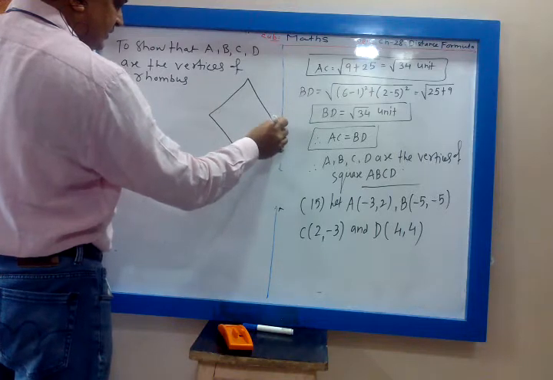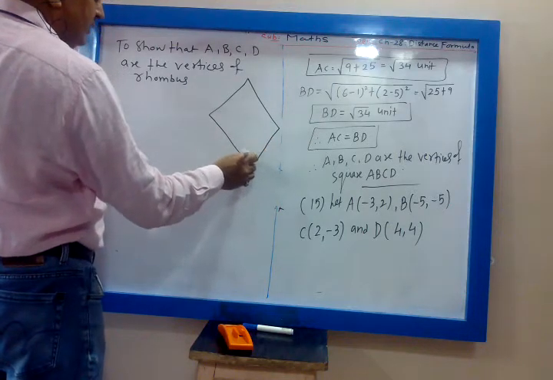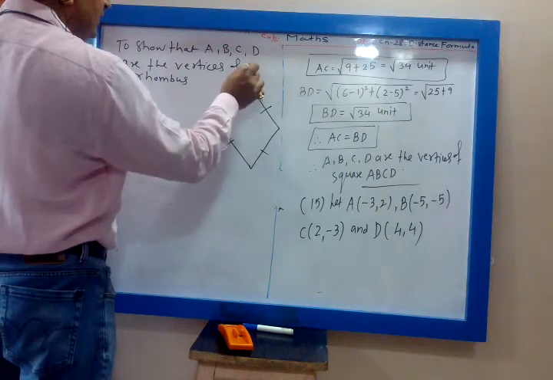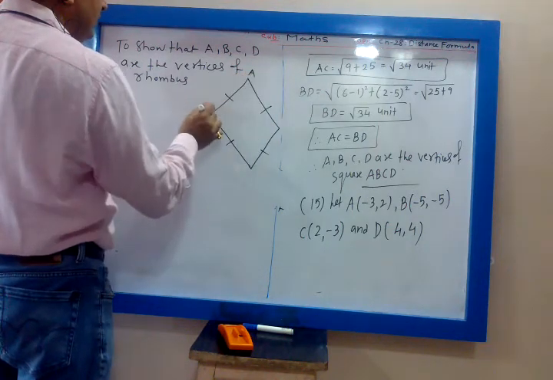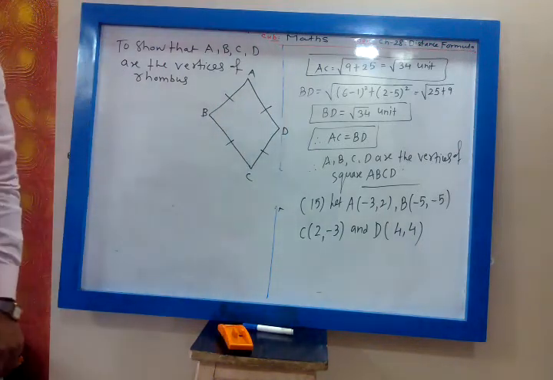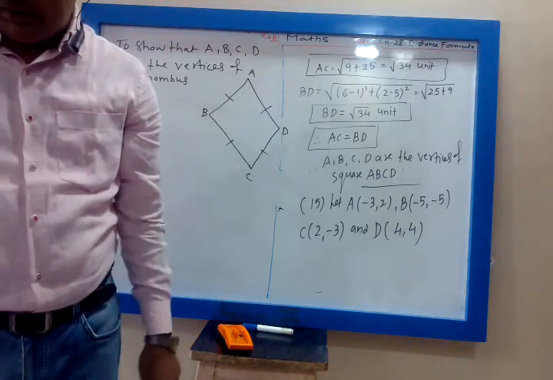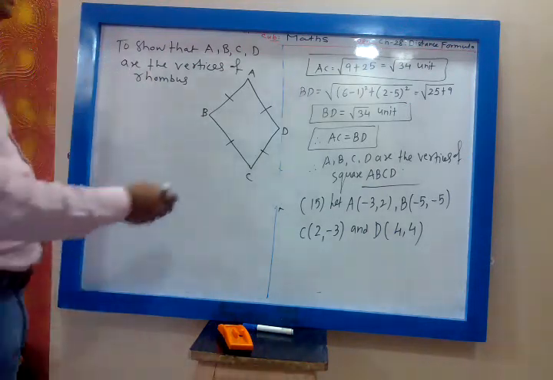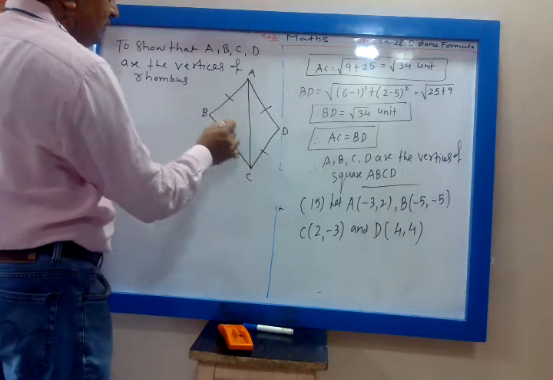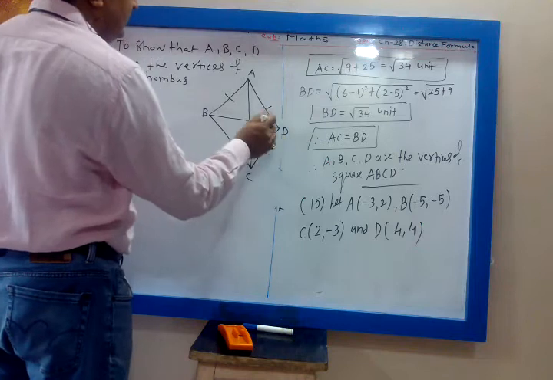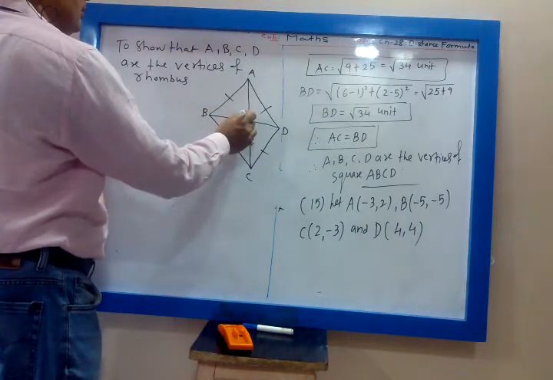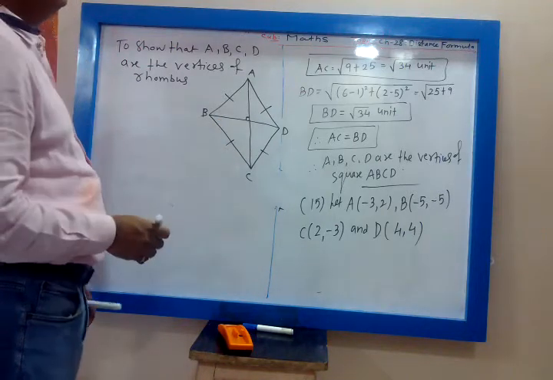Try to understand this part. AC and BD. Now rhombus, all the four sides are equal. A, B, C, D. So all the sides are equal. But whether diagonals will be same in rhombus? Tell me. Whether AC and BD will be same? No. AC and BD will not be same. So all the four sides are equal. Diagonals are perpendicular. But AC and BD, they are not of same length.